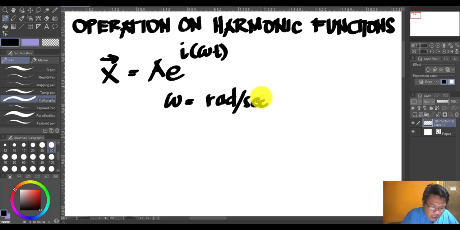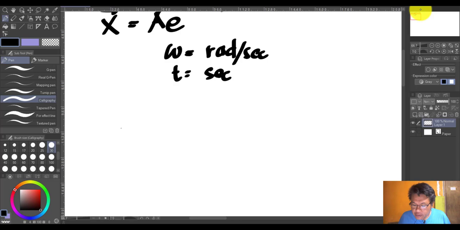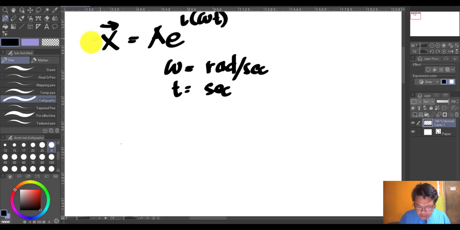And for my t, usually this is time, so that is in terms of seconds. Now our rotating vector, which is this one equation, is rotating in a counterclockwise direction.